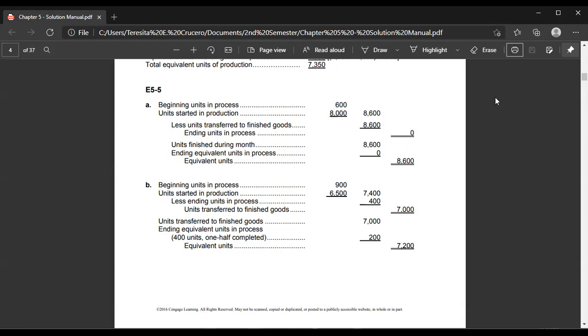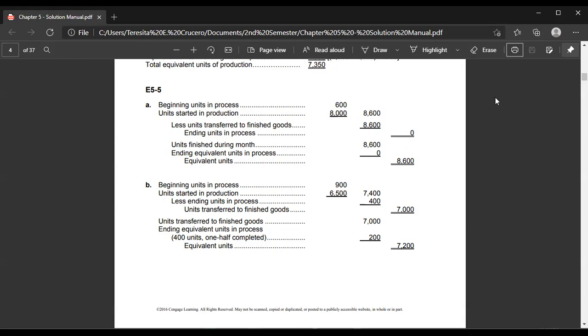Okay, so we have now in letter A, blank are ending units and the equivalent units. So how do we compute now? We have the beginning units in the inventory, 600. Then the units just started, 800. So the total number of units to be accounted for is 8,600. Now, the units transferred to finished goods, meaning completed, is 8,600.